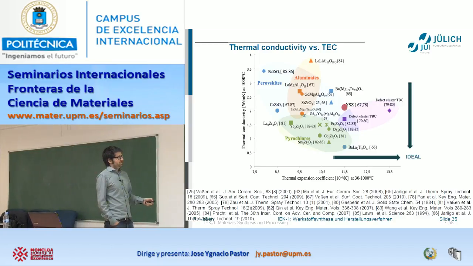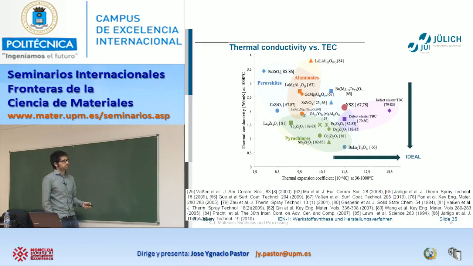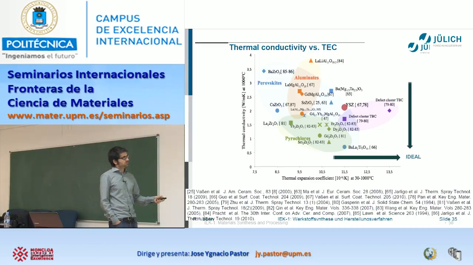But anyway, there are a lot of possibilities, and as I told you, that one is quite interesting. These gadolinium zirconates have quite low thermal conductivity, and the thermal expansion could be better, but it's not bad enough. For example, the typical one that we are talking about all the time is yttria stabilized zirconia.